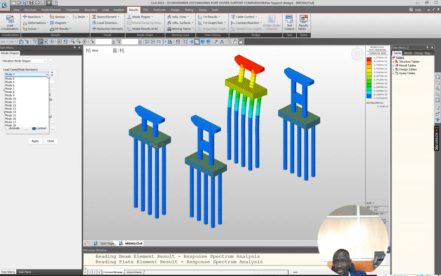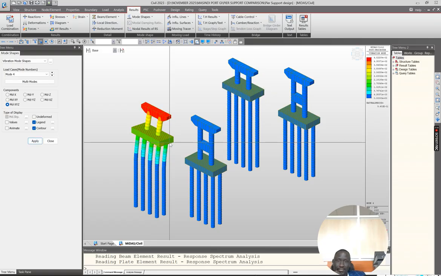Then the last one is when you view the mode of vibration, and it happens on this one. This is something I noticed. Why I was asking is why they are not the same. So I'm going to try to look at it in detail, to see the vibration modes and the earthquake effect on the different heights and configurations of the bracing system, so that we are able to understand.